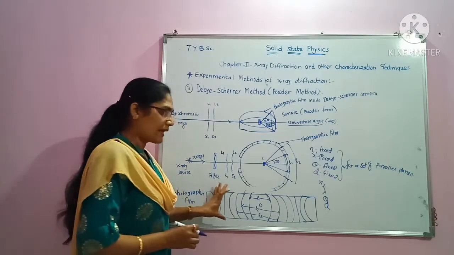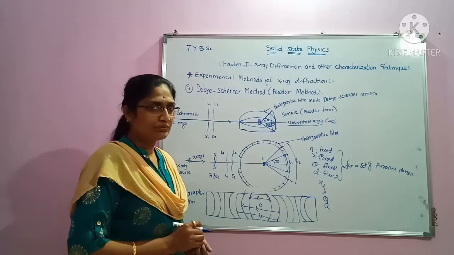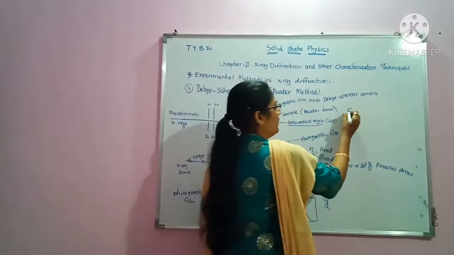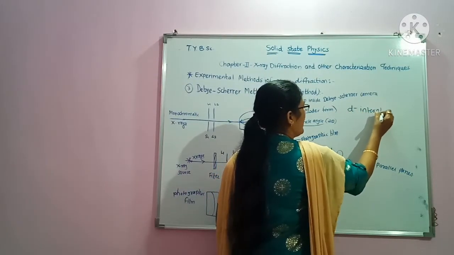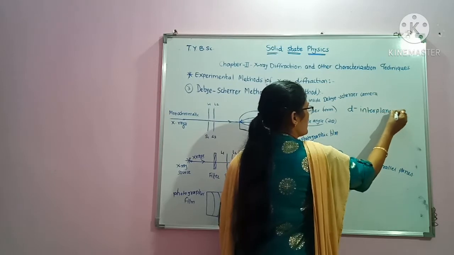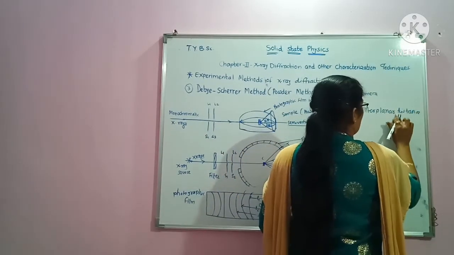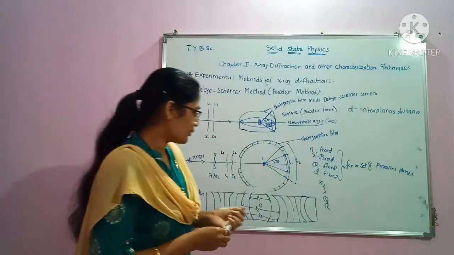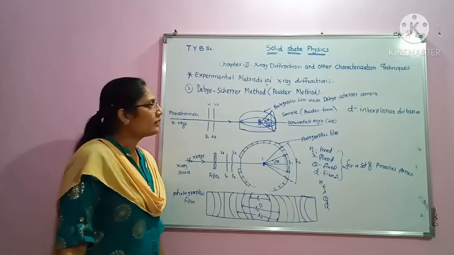Now one can analyze this strip and find out the value of d, that is nothing but the interplanar distance. So by using this trick one can get the value of interplanar distance.